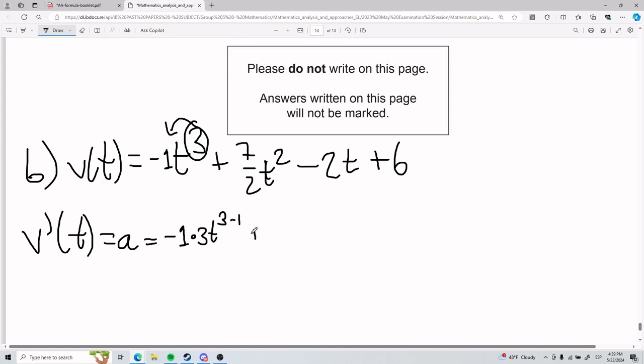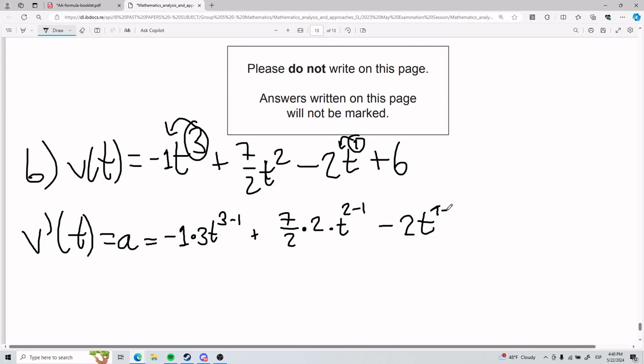For this next one, you end up with plus 7 over 2 times 2 times t to the power of 2 minus 1. And this next one, the minus 2t, ends up with minus 2, because technically you had a 1 there and multiplied in front, and you ended up with t to the power of 1 minus 1, which is just t to the power of 0.